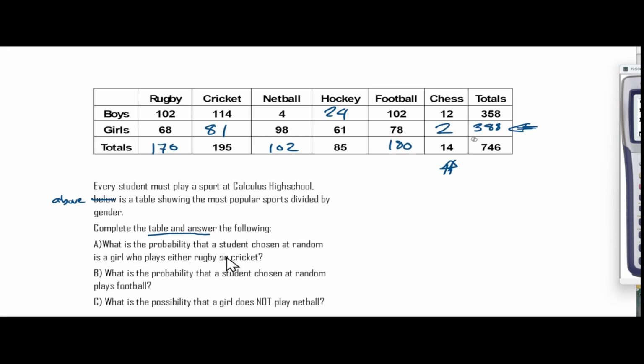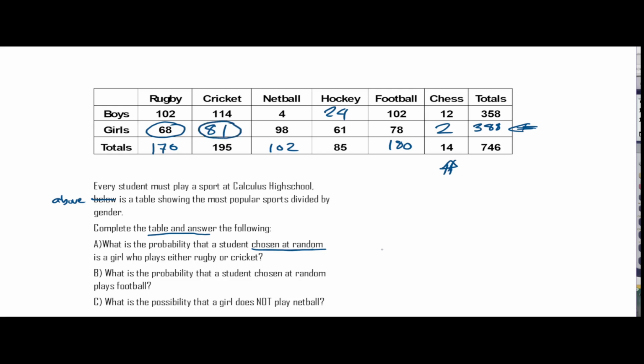Now that we've filled in the table, what is the probability that a student chosen at random is a girl who plays either rugby or cricket? So we see this little thing to really look out for: chosen at random. So it's going to be out of 746. Girls who play rugby and cricket would be that and that.